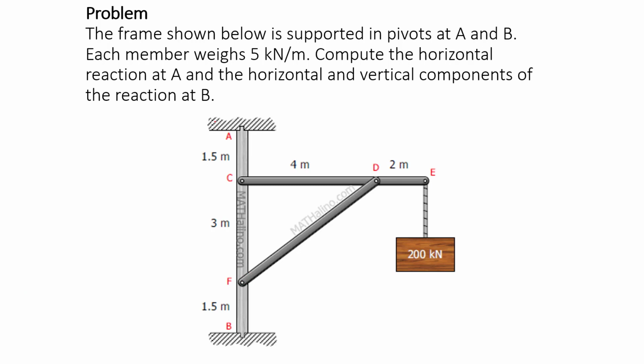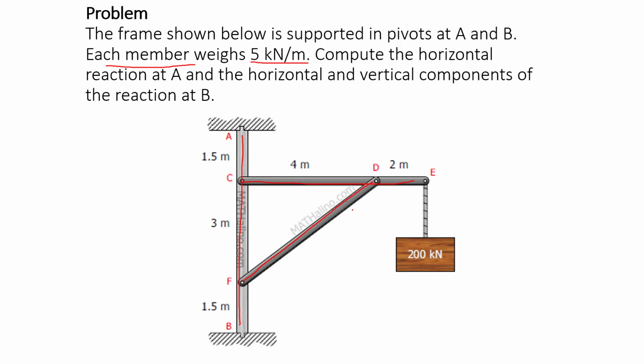5 kilonewton per meter, each member weighs. It means that these 1, 2, 3, we have 3 sticks or 3 bars.